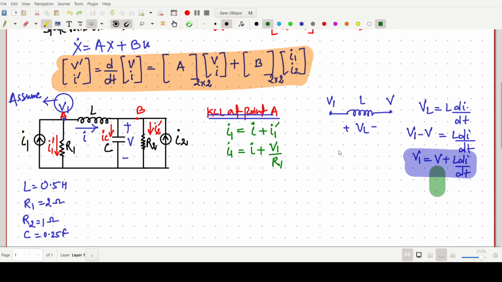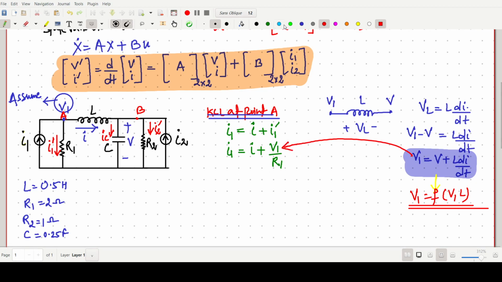This one is very important: V1 is a function of V and L. We have already found it.